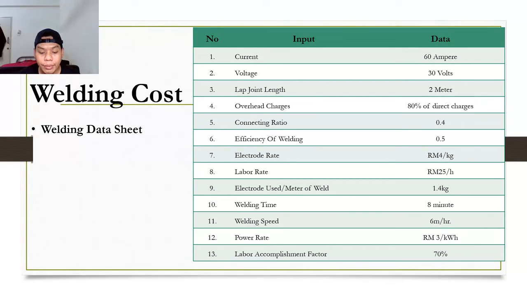And welding speed is 6 amp per hour, and twelfth, power rate is RM 3 per kilowatt. And thirteenth, lastly, labor accomplishment factor is 70%.